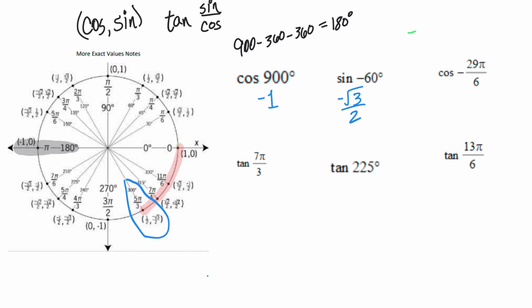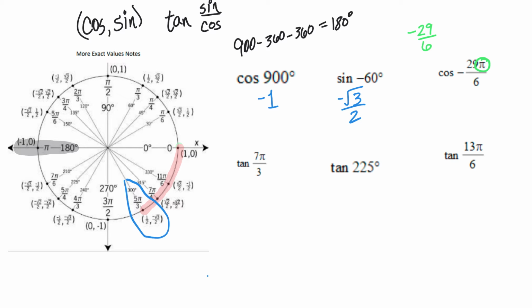So we're just going to take our value, -29 over 6, and we are going to add a full rotation. So now we're talking about radians, so we're talking about pi.